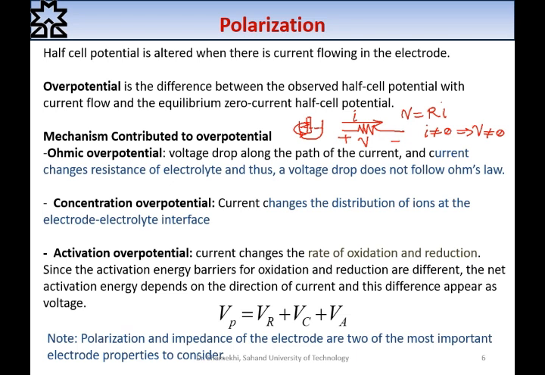The third mechanism is activation potential. As you can read, current changes the rate of oxidation and reduction, since the activation energy for oxidation and reduction are different. The net activation energy depends on the direction of current, and this difference appears as voltage.